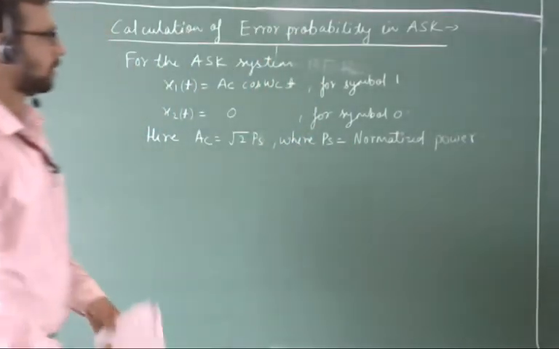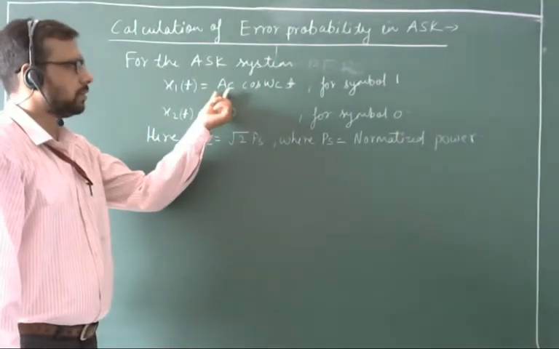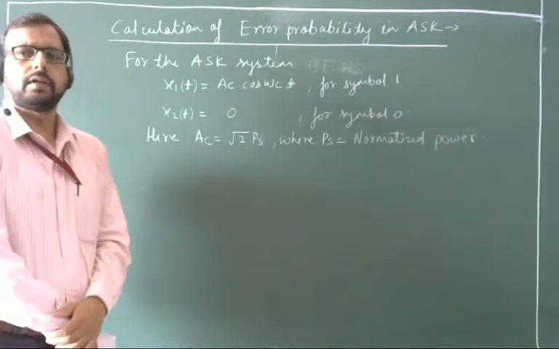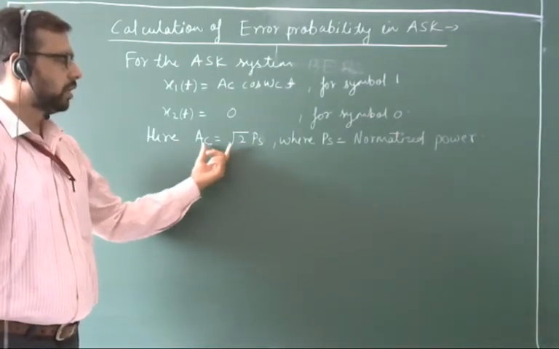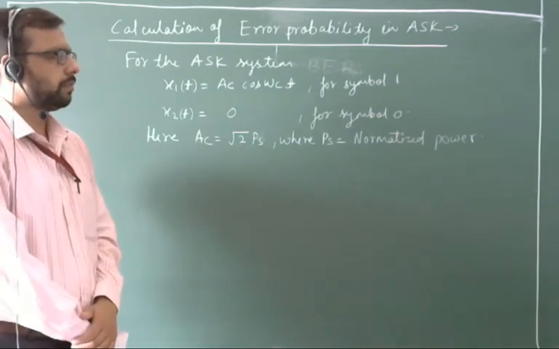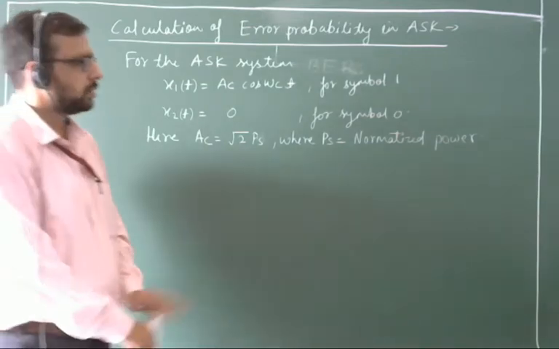The amplitude of the carrier is simply represented in the form of the normalized power Ps, so Ac is equal to root 2 Ps, where Ps is the normalized power.